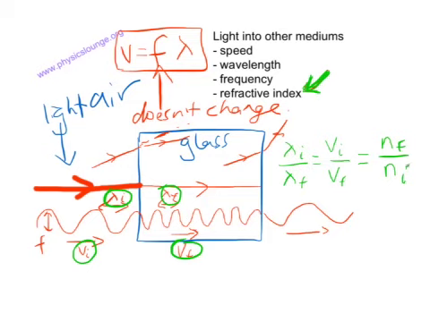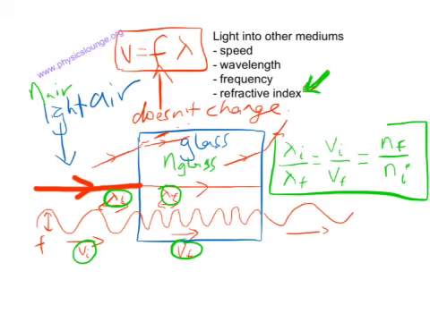The ratios of the speed and the ratios of the velocity are the inverse of the ratios of the refractive indexes, because glass will have a refractive index in glass, which in this case would be n_F, and air also has a refractive index in air, which would be n_I in our equation down here. Okay, so the greater the refractive index, the greater the bending of the rays at those interfaces, and the greater the change or decrease in velocity as it comes from air into it.